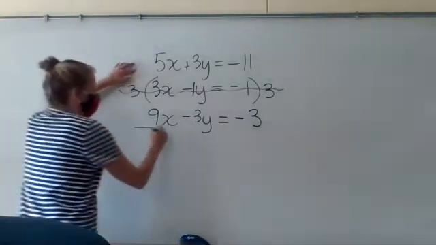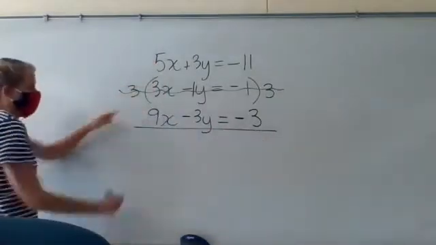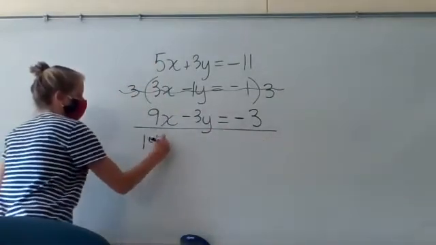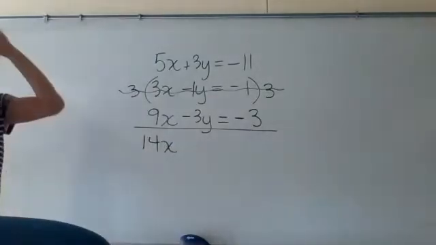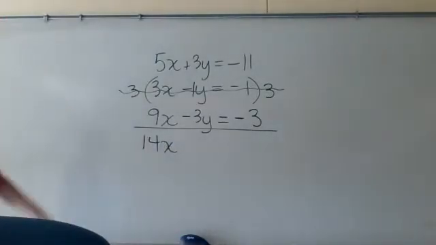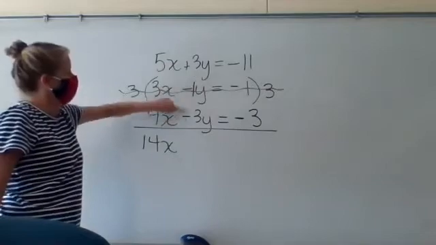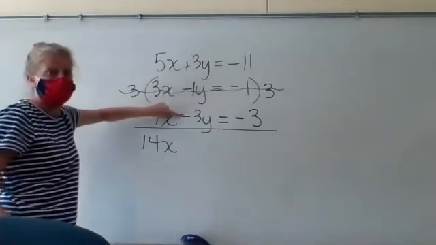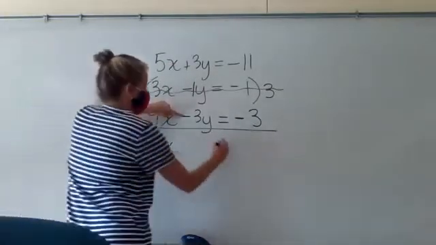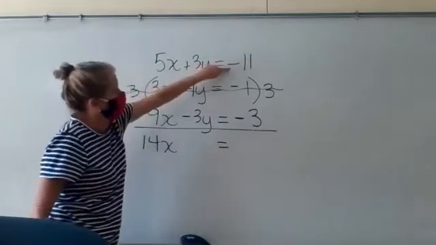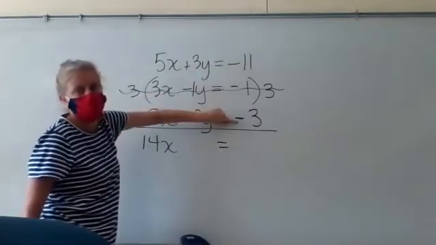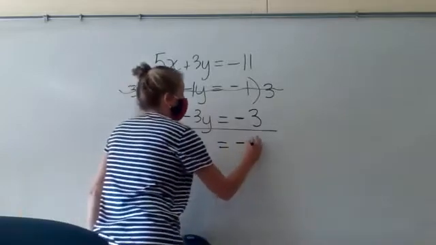5x and 9x gives me 14x. My y's cancel, 3 and -3, right? Those cancel, that was the whole point. Equals, let's see what we have on the other side. We've got -11 and -3, which gives me -14.